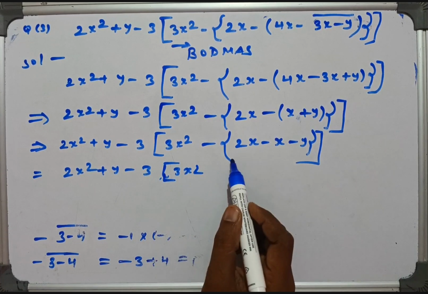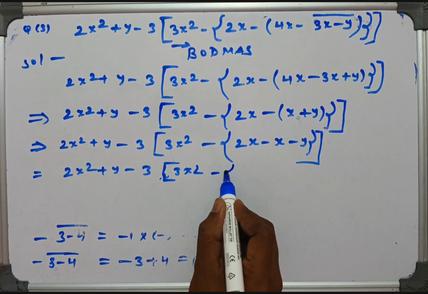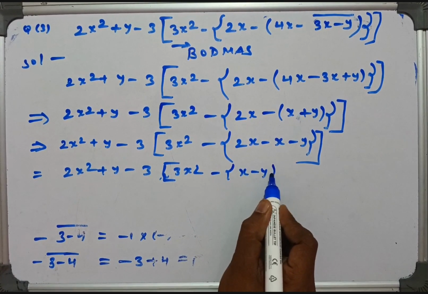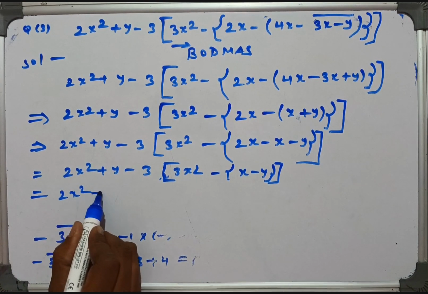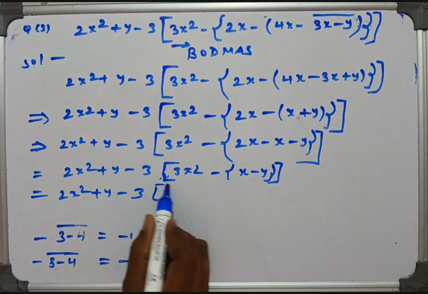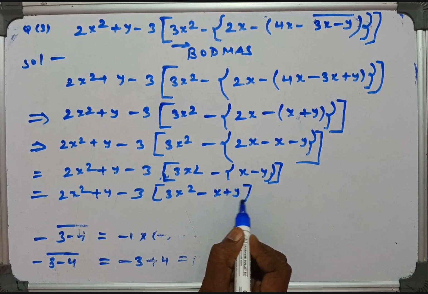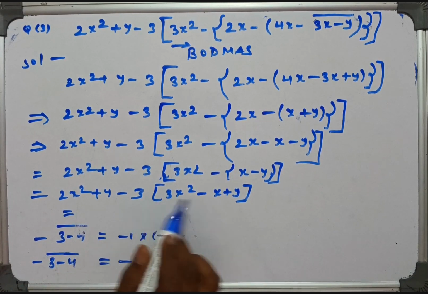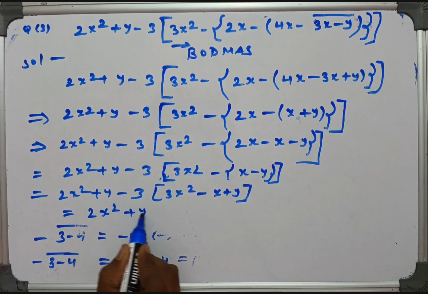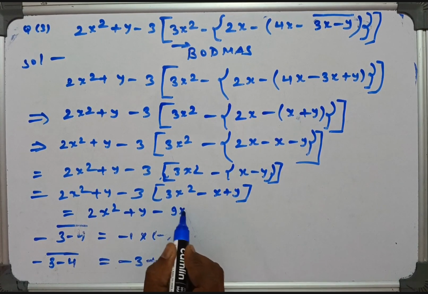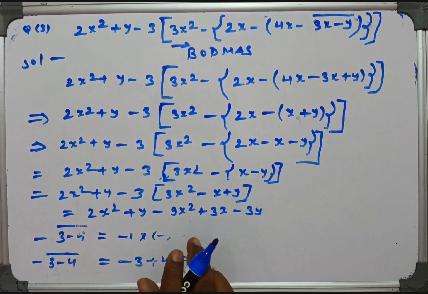Now we solve this curly bracket, so this becomes x minus y curly bracket closed here and square bracket closed, 2x square plus y minus 3, this becomes 3x square minus x plus y, okay guys. Now remove this square bracket, so 2x square plus y minus 9x square plus 3x minus 3y, okay.